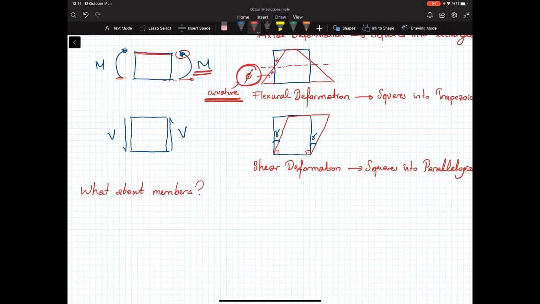And also, what about structures? We briefly talked about members in the strength of materials course, but actually that's the topic of the structural analysis course.